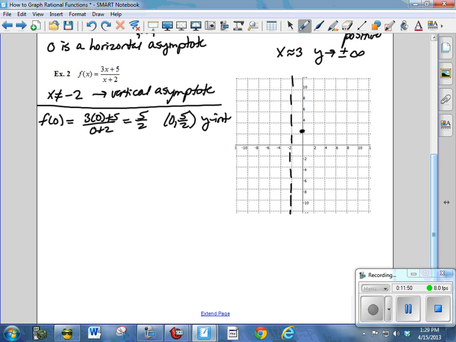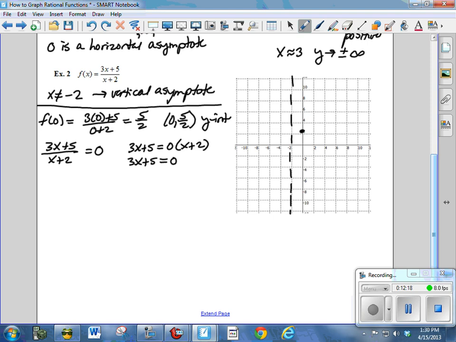Okay, then what if I set the function equal to 0? 3x plus 5 over x plus 2 equals 0. Well, if I multiply both sides of the equation by x plus 2, I would end up with 3x plus 5 equals 0 times x plus 2, or 3x plus 5 equals 0. So notice it's sufficient for the numerator to equal 0.